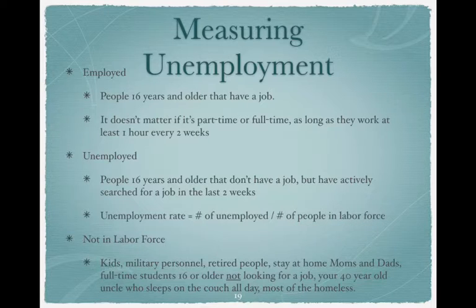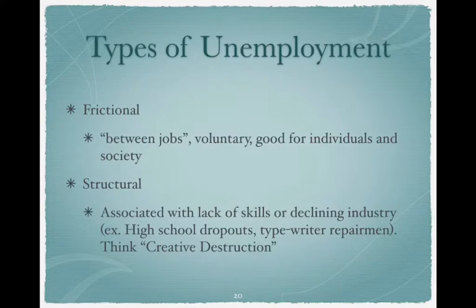Okay? So let's go ahead and real quickly look at the 4 types of unemployment. We talked about frictional unemployment. This is in between jobs. This is voluntary. This is good for everybody involved. You leave your job at one location.